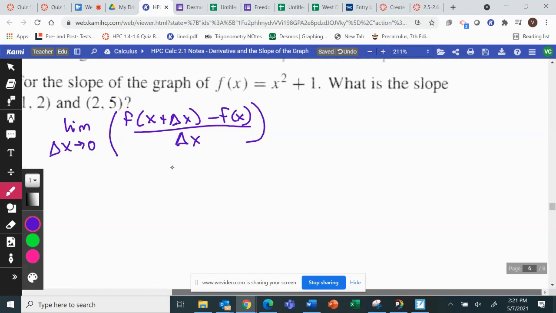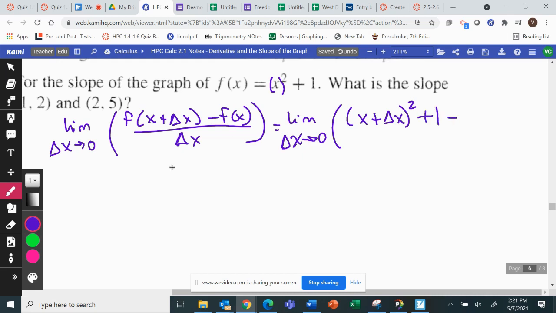So I'm going to start and plug in my function. Limit as delta x approaches 0, and wherever I see an x, I'm going to replace that with x plus delta x squared plus 1 minus the function x squared plus 1 over delta x.